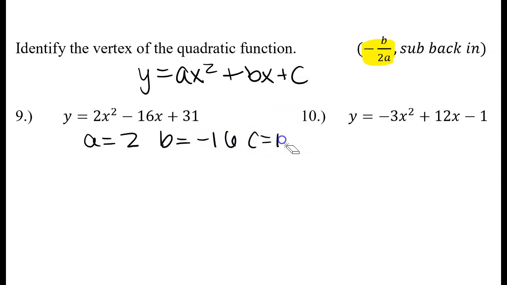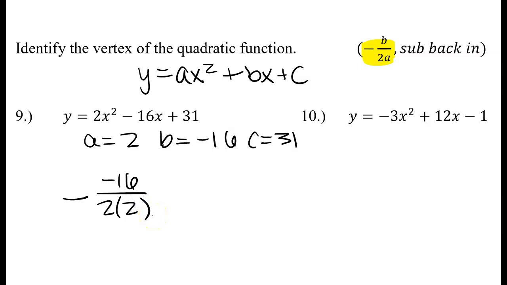From there, we substitute those numbers into the formula, negative b over 2a. Negative is part of the formula, so I'll write it automatically. Now b is a negative 16, so I technically need another negative sign, divided by 2 times a, which is also 2.